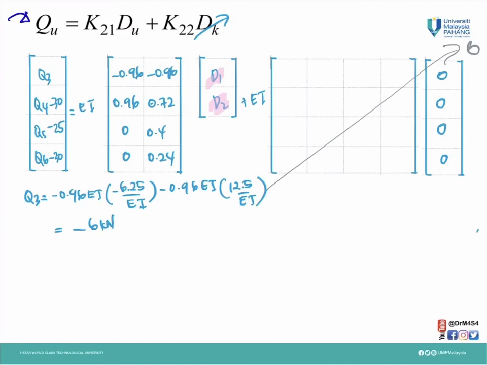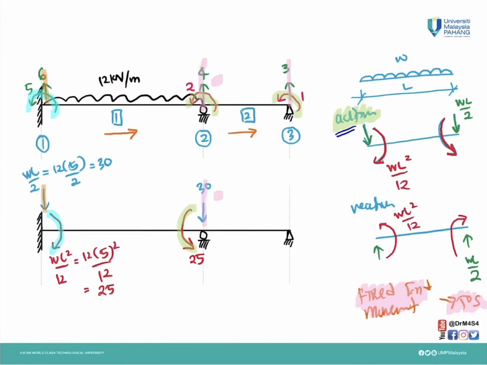Do the same for Q4 and you will get Q4 is 33 kilonewton. Check back what Q4 and Q3 are. In here, Q4 and Q3 are forces, so the unit is kilonewton. However, Q5 is a moment, so the unit for that is kilonewton meter.